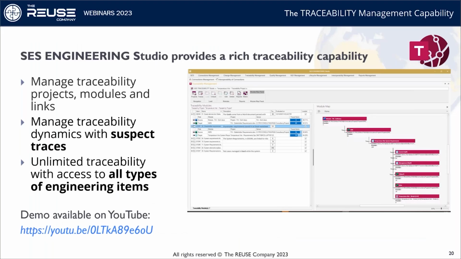And if you want to have more information on the traceability capability, there is a longer video presenting just the trace capability, also with the more natural language based capability of finding suspect traces, and also showing how you could trace to different sources of information, like model elements or test cases, or different types of information, not only Microsoft Word.